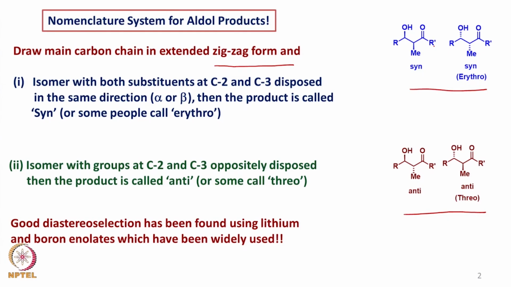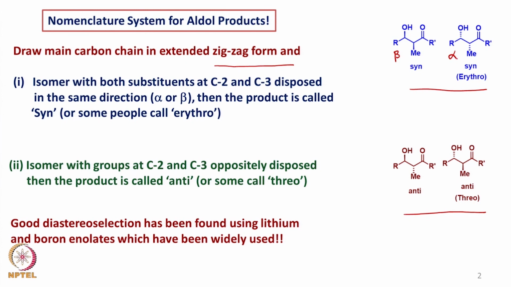In such a case, when the two substituents at C2 and C3 are oriented or disposed in the same direction, like as you can see here, either in beta direction or alpha direction, these are called syn products.